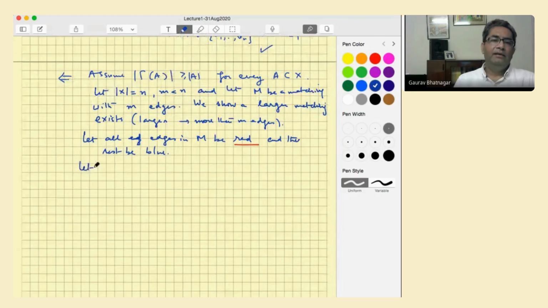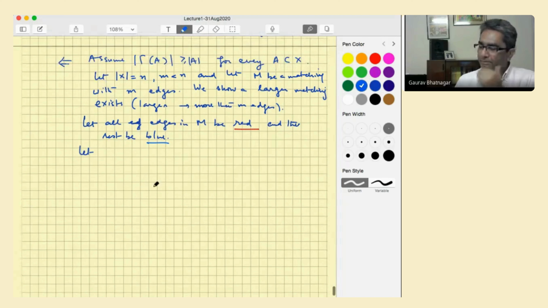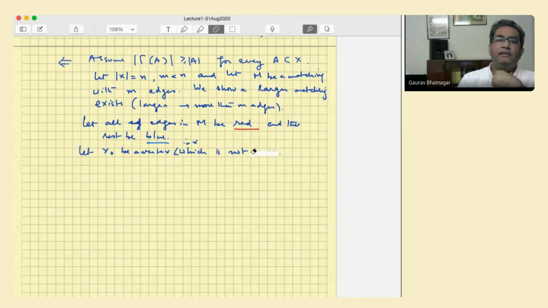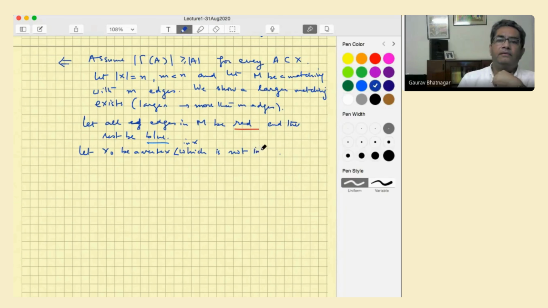Now let x naught be a vertex in X which is not incident with any red edge.